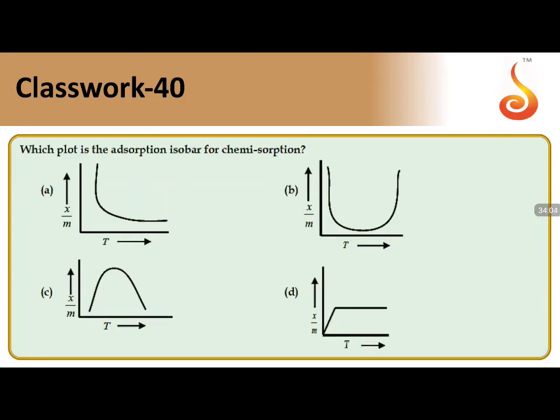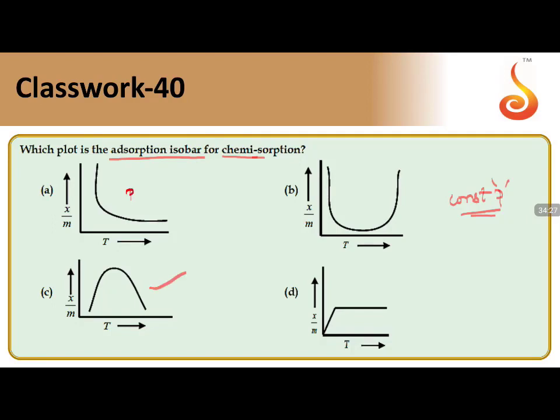Coming to 40, which plot is the adsorption isobar for chemisorption? Isobar means we are working at constant pressure. Now X by M versus T for chemisorption increases with temperature and then decreases.